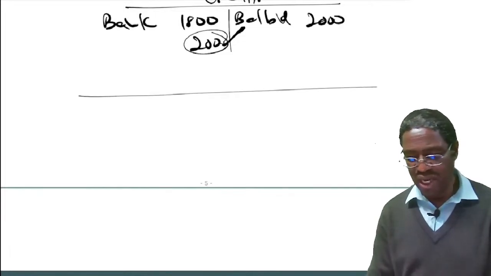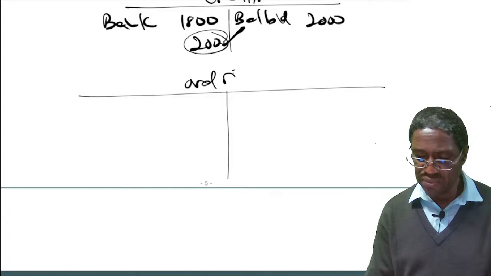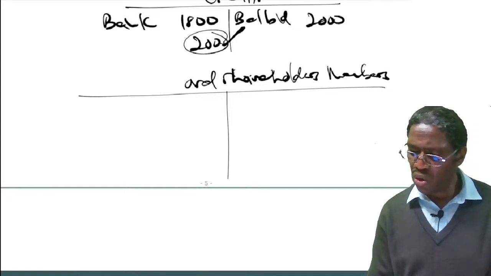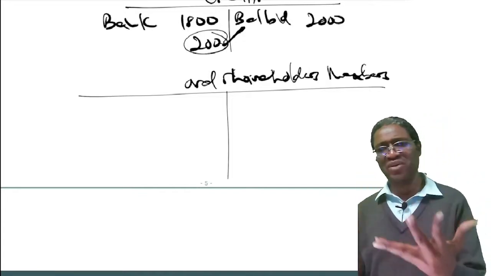We open a liability account called ordinary shareholders members. Some books will call it ordinary shareholders sundries members account, whichever they call it.